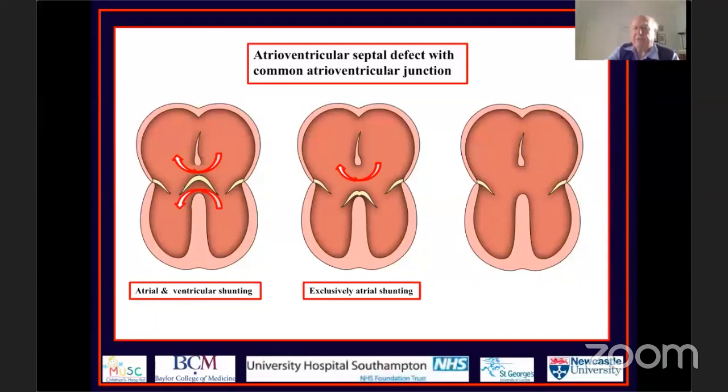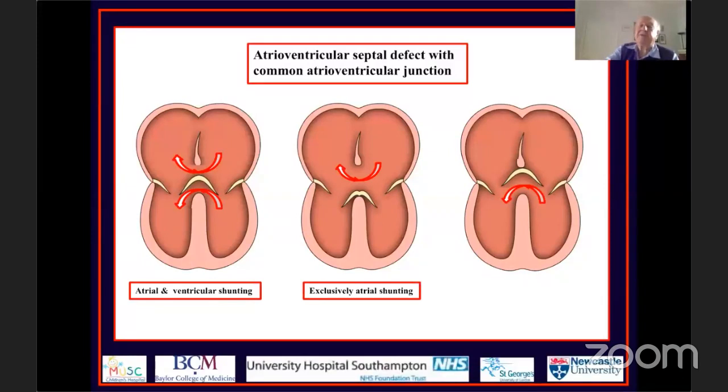And then, as we discussed in the classroom devoted to atrioventricular septal defect, we now know that rarely the bridging leaflets of the common valve in the setting of the common atrioventricular junction can be attached to the underside of the atrial septum.